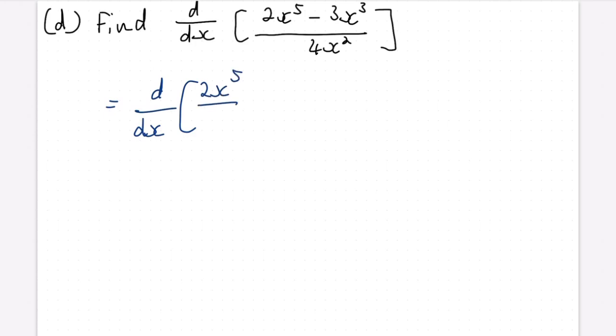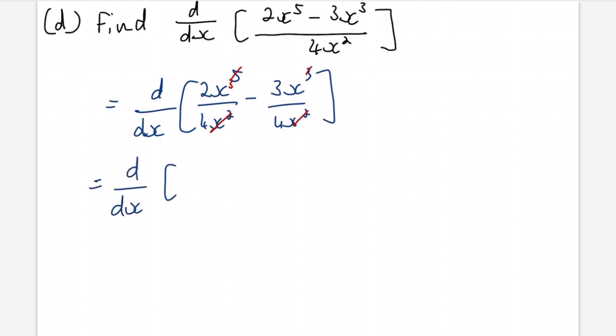2x to the 5 over 4x squared minus 3x to the 3 over 4x squared. Now we know that this x squared term can cancel 2 of those, and there we're left with x to the 3. This x squared there will leave us with x to the 1. So essentially what I have is d over dx of 2 over 4 and x to the 3 minus 3 over 4 and x.